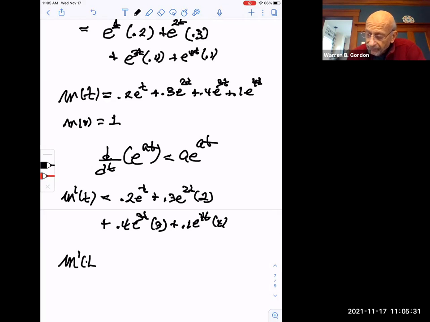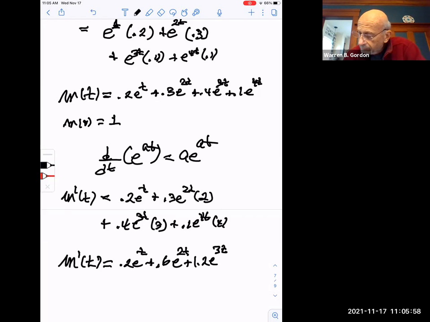So M prime of t, the derivative of the moment generating function, turns out to be 0.2 e to the t plus 0.6 e to the 2t plus 1.2 e to the 3t plus 0.4 e to the 4t times 4.